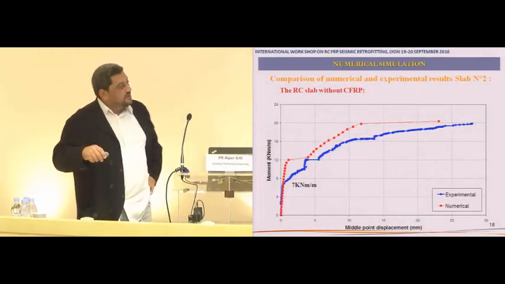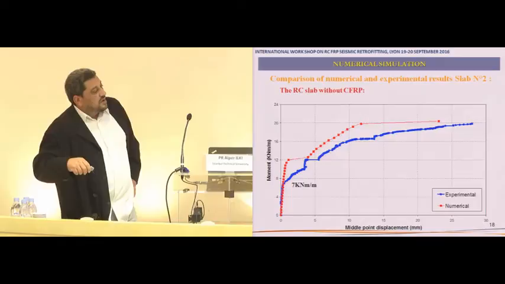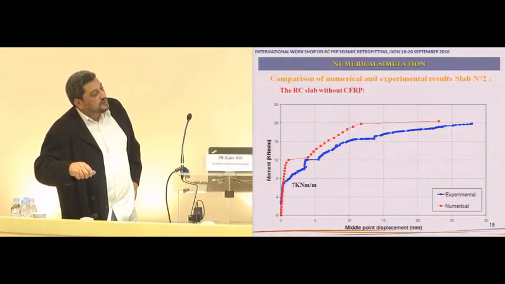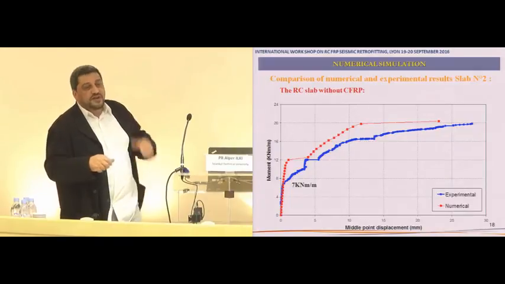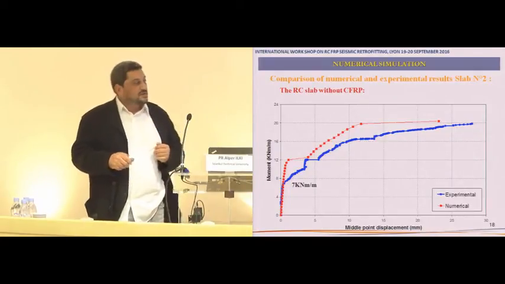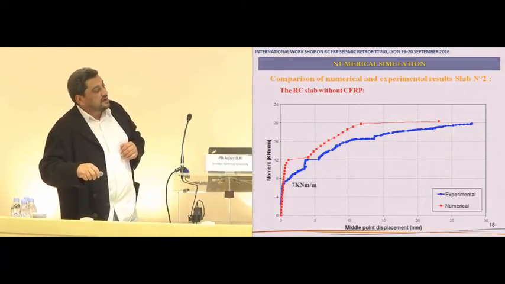Here are the obtained results. There is quite good agreement between experimental tests and numerical simulations. We obtained a good estimation of the bearing capacity. Even the initiation of cracks is well approximated, but for the test, the softening after crack appearance is more pronounced compared to the numerical simulation.